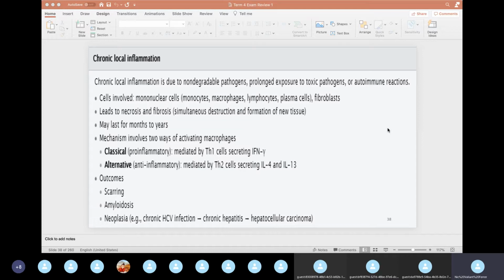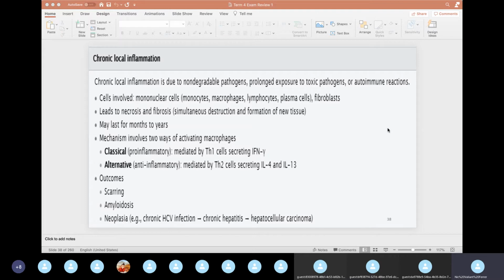This one sucks. It may last for months, to years. You have two pathways, classical and alternative. Classical, TH1, you're fighting the infection, interferon gamma. Alternative, TH2, your body gives up. You're just walling off the infection. You can have TH2 cells secreting IL-4 and IL-13.